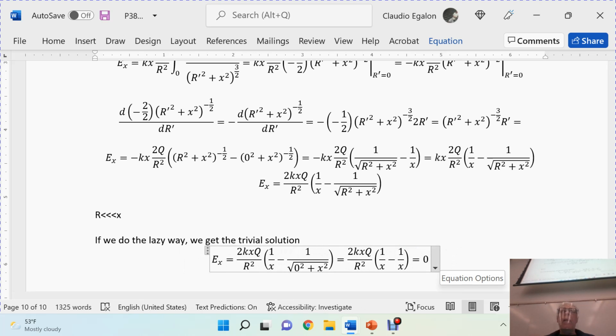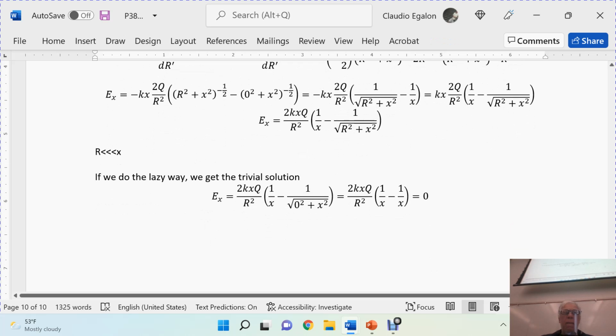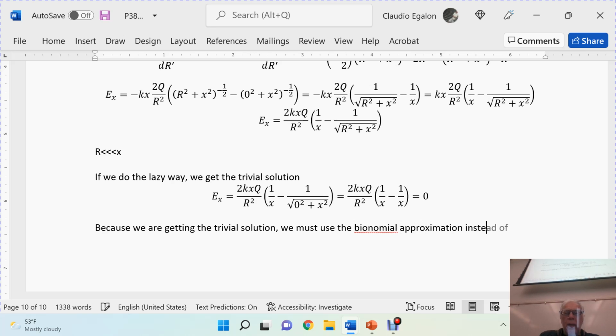We have to do the procedure that's more rigorous. Because we are getting the trivial solution, we must use the binomial approximation instead.